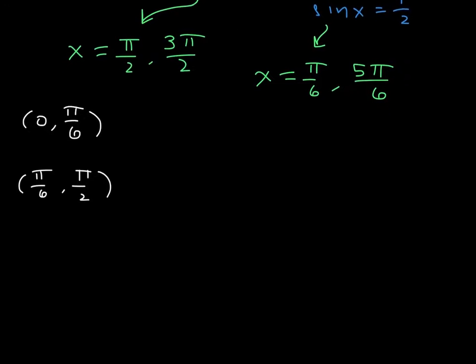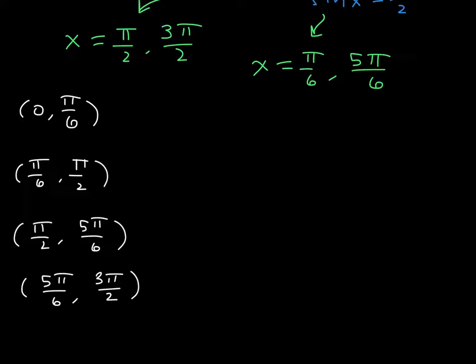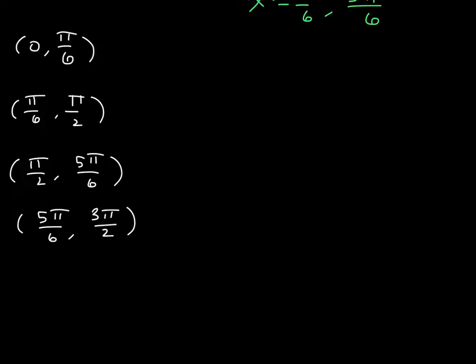And then the next interval will be from pi over 2 to 5 pi over 6, and then from 5 pi over 6 to 3 pi over 2. And then finally one more interval, from 3 pi over 2 to 2 pi. All right, folks, these are all of our intervals, and I am going to track the sign of f prime over these intervals.